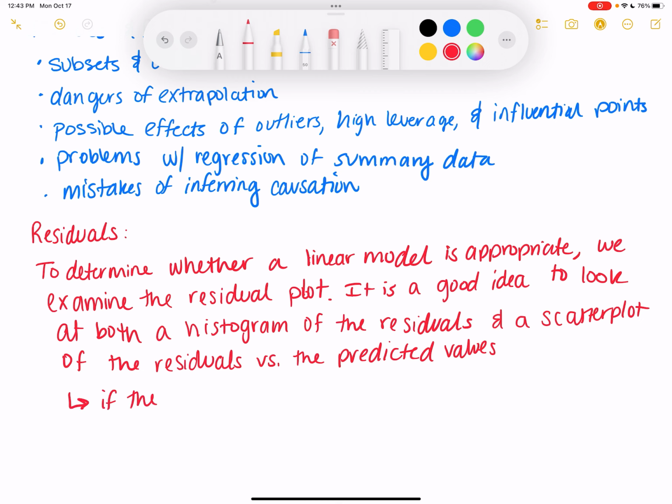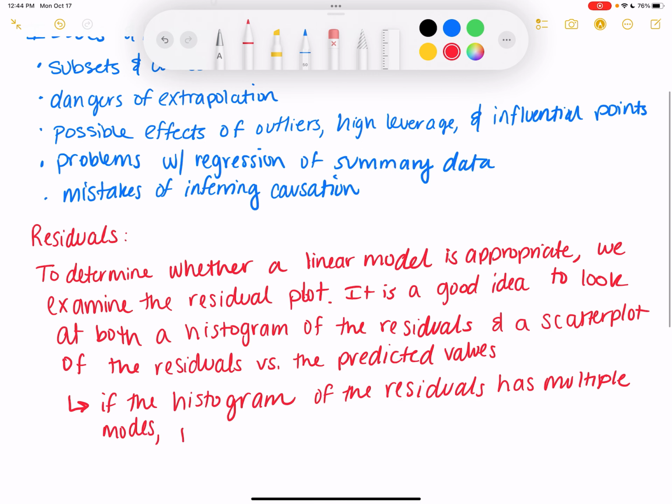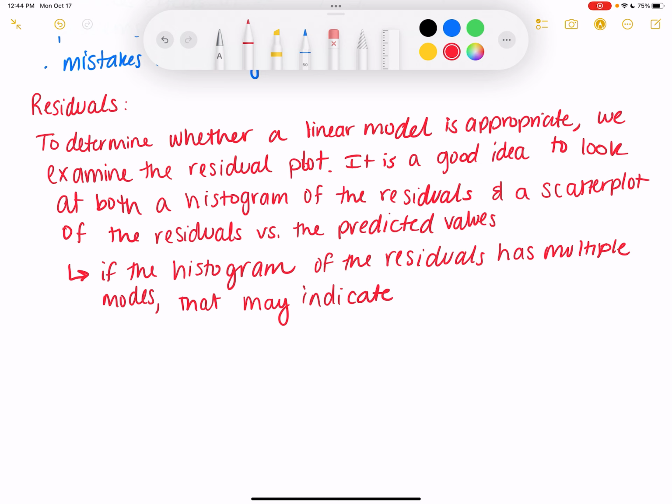If the histogram of the residuals has multiple modes, that may indicate that there are subgroups within the set of data.